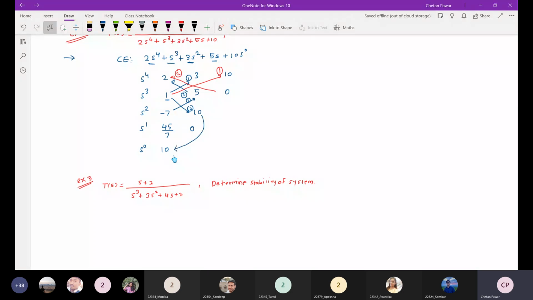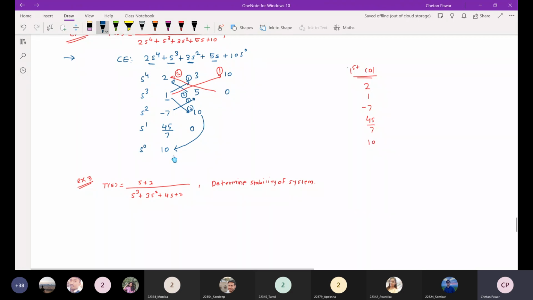Now I have found the Routh table. Now I will analyze the first column of the Routh table to determine the stability. So first column will be 2, 1, minus 7, 45 by 7, and 10.